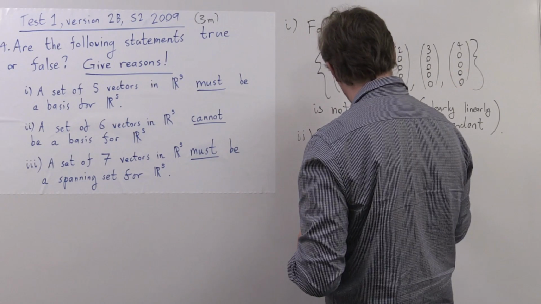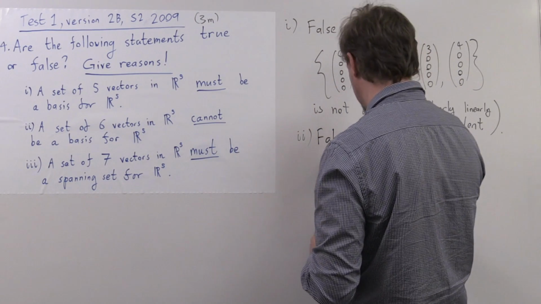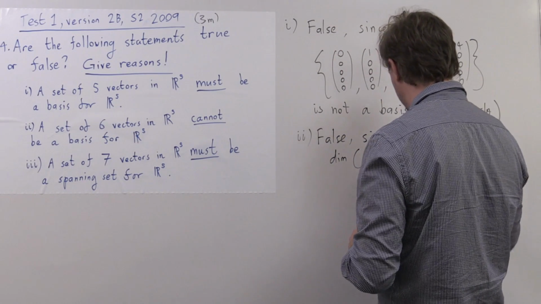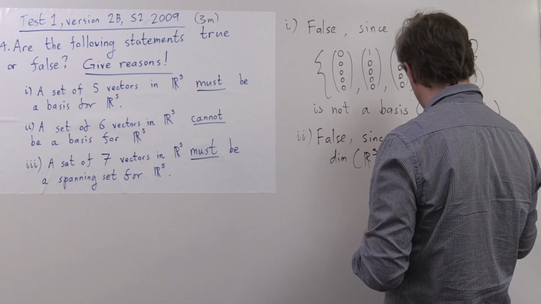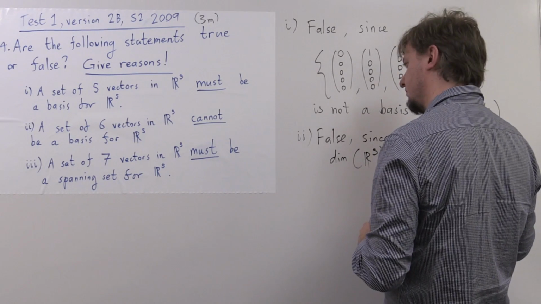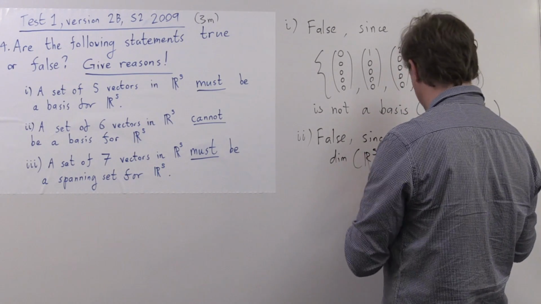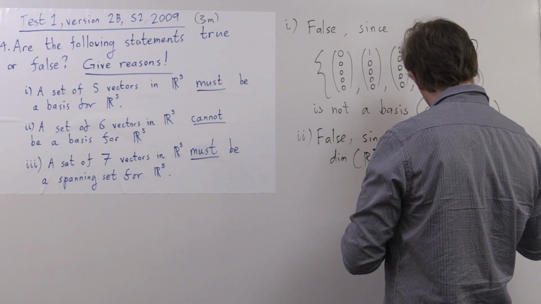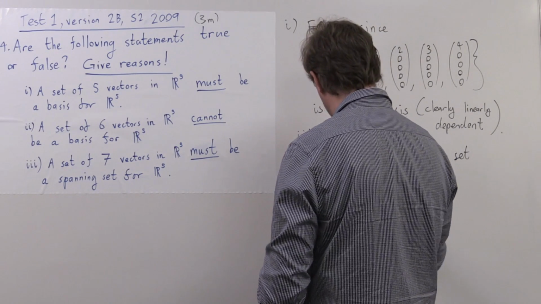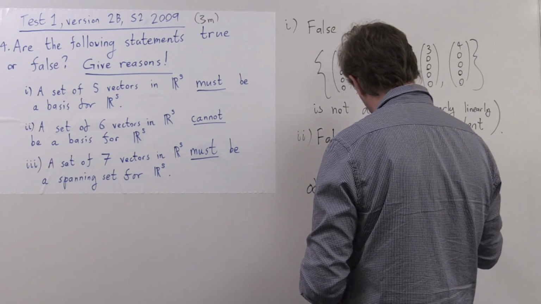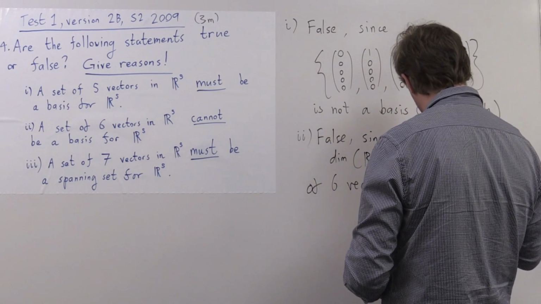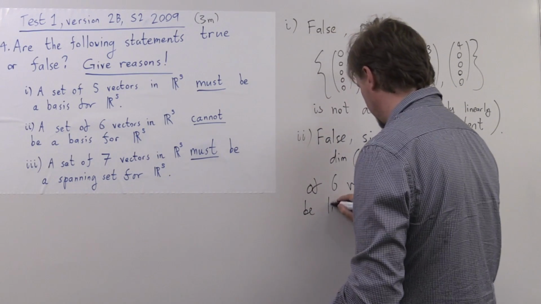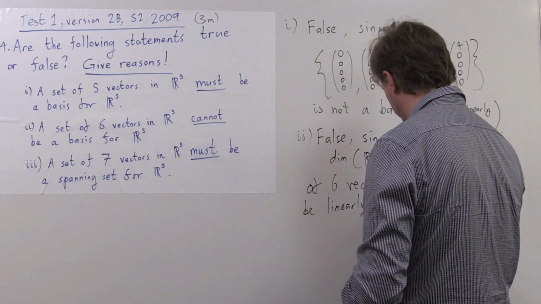So since the dimension of R5 is equal to 5, any set of 6 vectors from R5 must be linearly dependent.